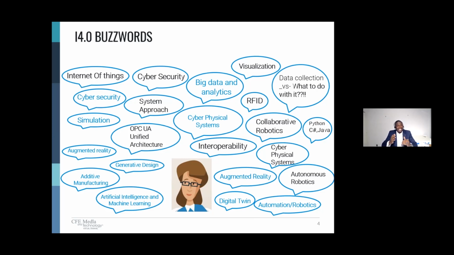Big data and analytics, the Internet of Things, cybersecurity, simulation, augmented reality, a digital twin, collaborative robotics, the collection of data versus "I've had the data, now what do I do with it" is a question. And then artificial intelligence, machine learning, OPC UA, unified architecture, the overall system approach.